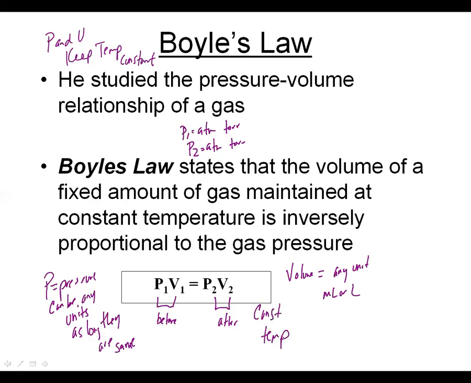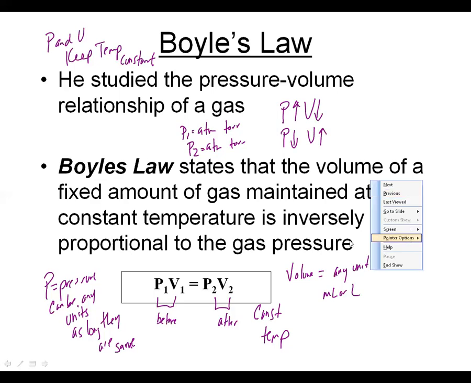And in those conditions, what we see in terms of the relationship is basically as one goes up, the other goes down. So as the pressure increases, the volume will decrease, and vice versa. If the pressure goes down, the volume goes up. And it makes sense if you think about gases.